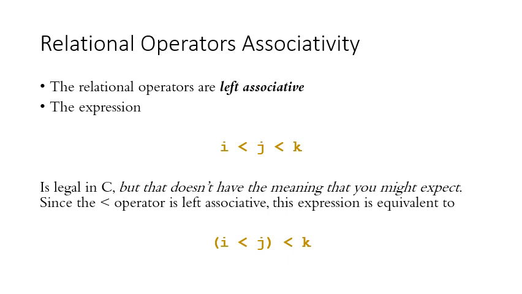The expression does not test whether j lies between i and k. This is legal in C, but it doesn't have the meaning that you might expect. Since the less than operator is left associative, the expression is evaluated by first grouping i less than j and then comparing the result to k.